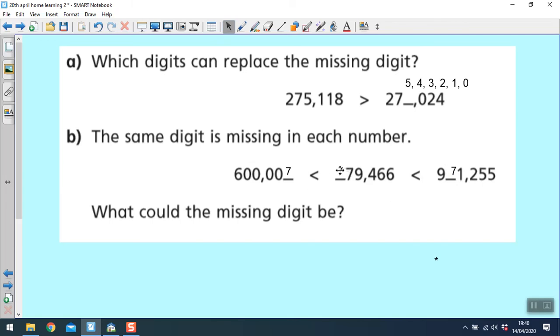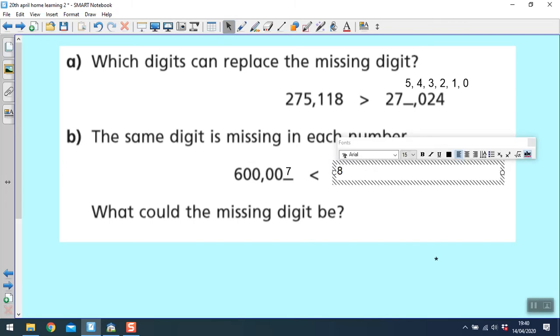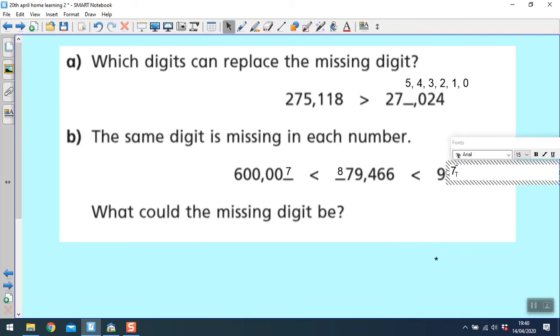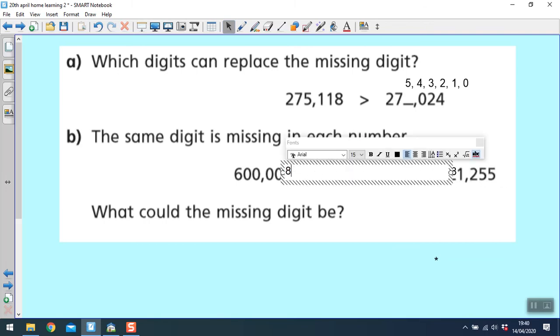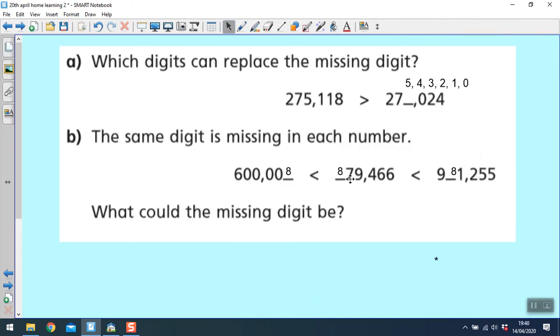Could I have an 8 here? 879,466 is bigger than 600,008, 981,255 is bigger than this number. Yes, so far I can have 6, a 7 or an 8.